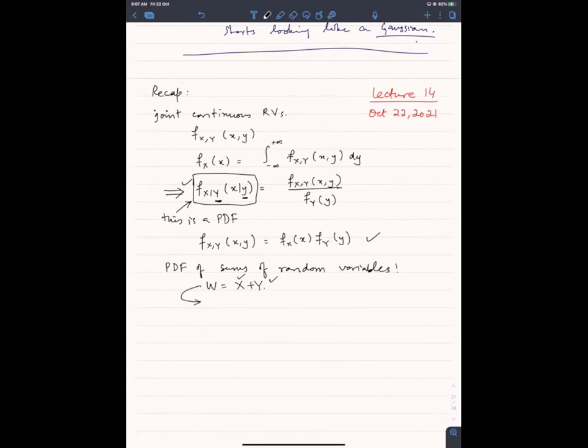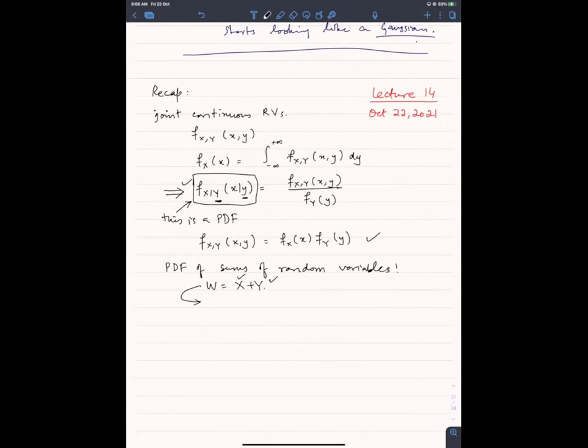Because I want to answer a probability question about W, or I want to find the expected value of W, or I want to find anything about W. Whatever questions you can answer by knowing a PDF. In fact, the PDF tells you everything about the random variable. I want to find the variance of W. I will need the PDF of W.